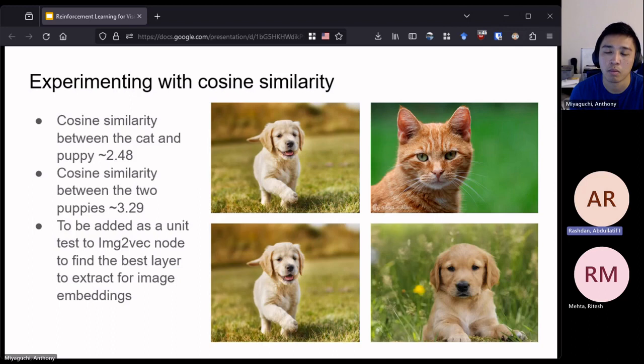Between the 2 puppies, it resulted in a higher similarity. Now, this was run on images, but the unit testing for that neural network will be done on 2 image embedding vectors. This will be added as a unit test to the image to vec node to find the best layer to extract the image embeddings.